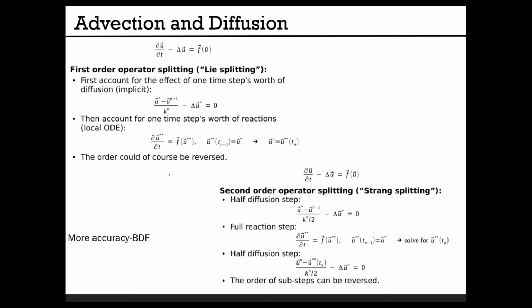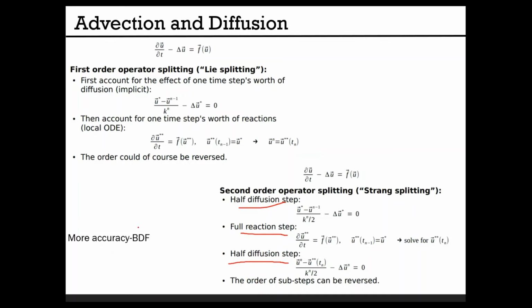So it can be this type of complicated reaction also solved by the ODE. On the other hand, for Strang splitting, it goes for the half diffusion step, then the full one, and then again the half diffusion step, and the order of substeps can be reversed again and again.